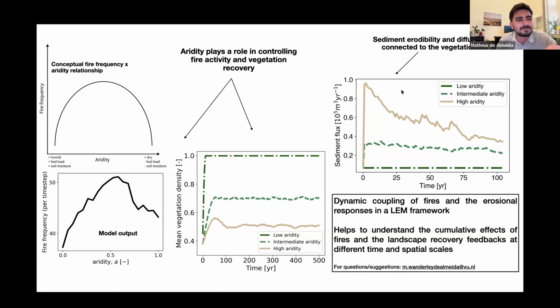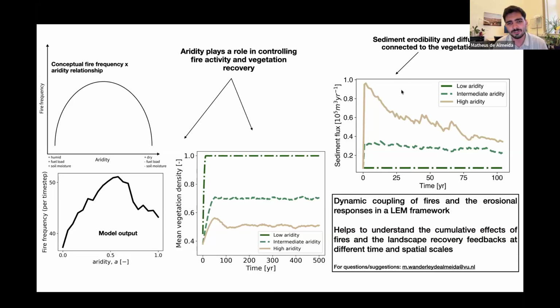For fire activity, there is a conceptual model between fire frequency and aridity, where you have the peak in fire frequency at intermediate levels of aridity. If you look at the plot below, I'm trying to replicate this behavior in the model for a range of aridity values.